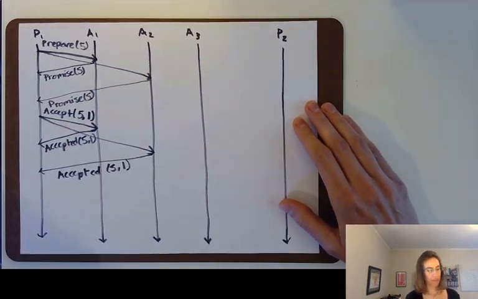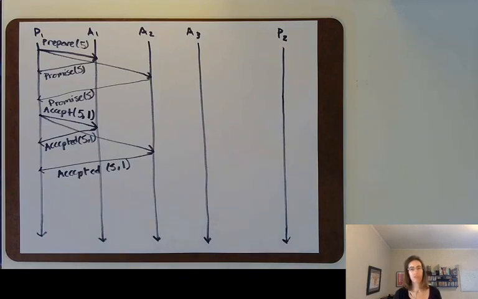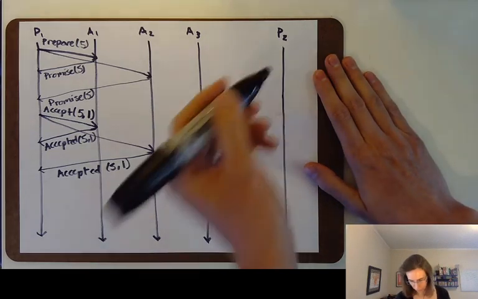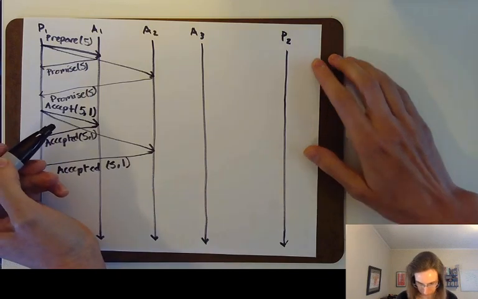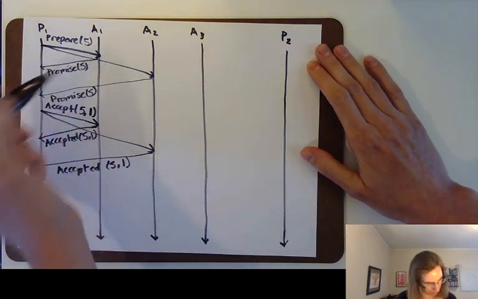I haven't drawn any messages to learners, but imagine that they were there. Okay, so first of all, what would happen if proposer 2 sent a prepare for message to the 2 acceptors?